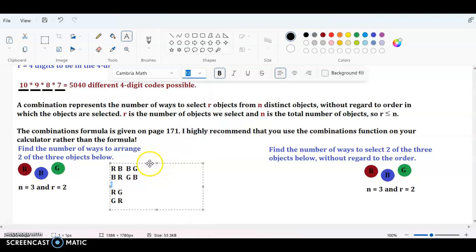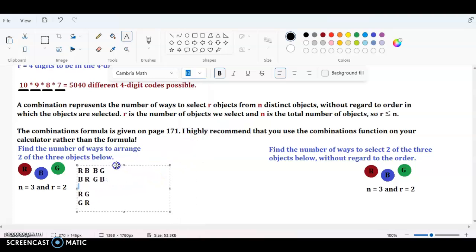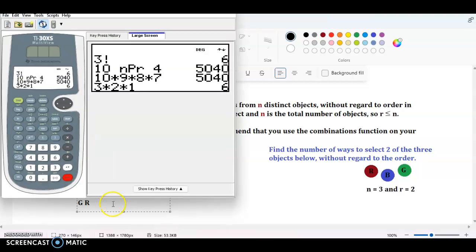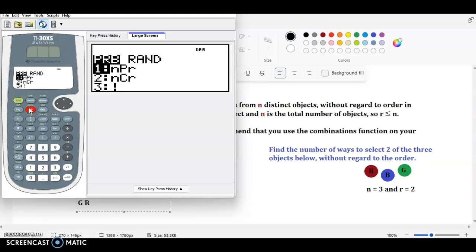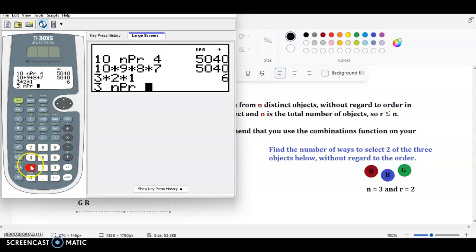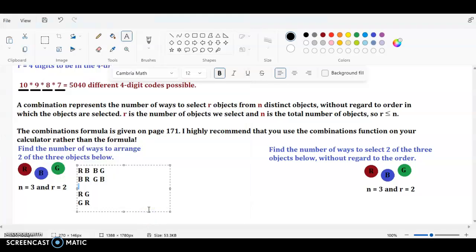This is something that you can check with the permutations formula. If we have n equal to 3 objects, we want to find the number of permutations of 2 of those objects. So using the permutations function, we have 3 NPR 2, and that should give us 6, matching when we listed all six ways to arrange 2 of the objects.